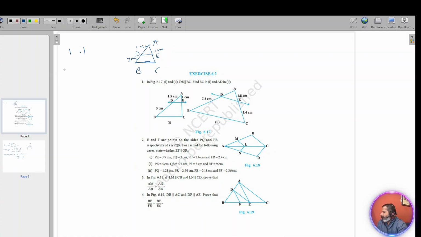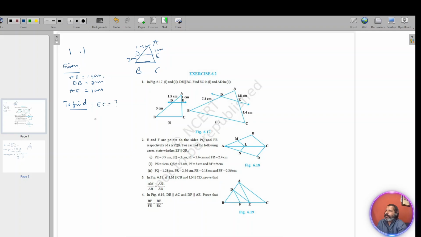So we can say, given, you write all the sides values. AD equal to 1.5 cm. DB equal to 3 cm. AE equal to 1 cm. Then, what we want? To find, what is to be found?